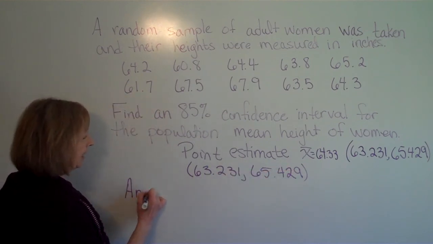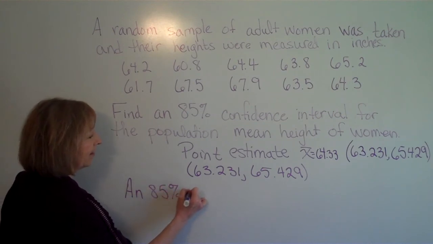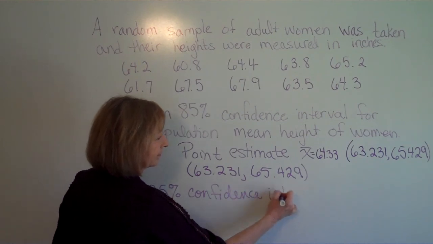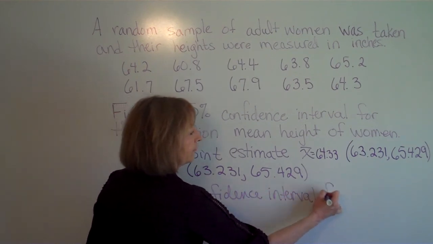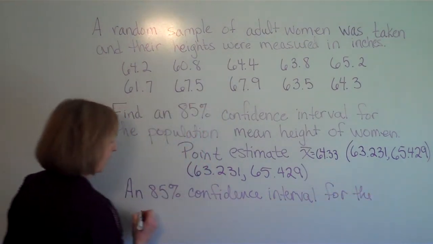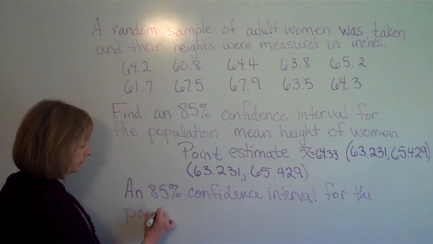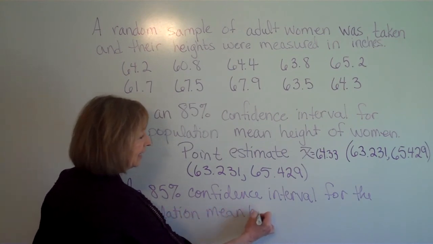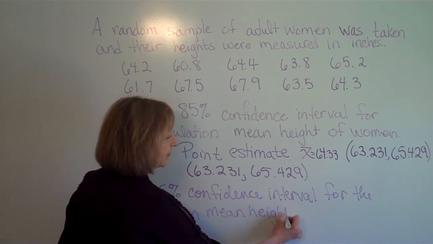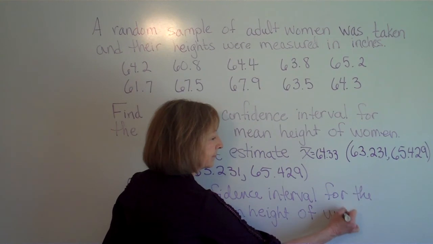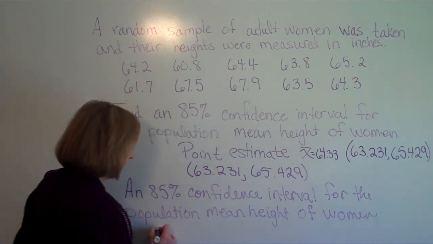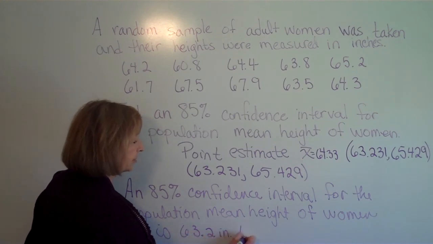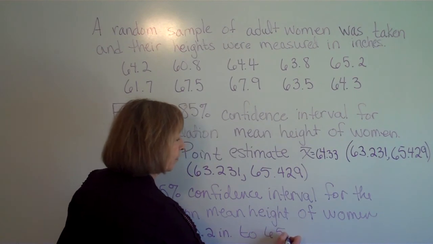So an 85% confidence interval for the population mean height of women is 63.2 inches to 65.4 inches.